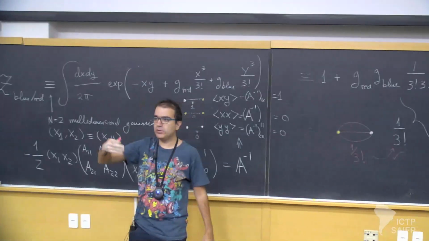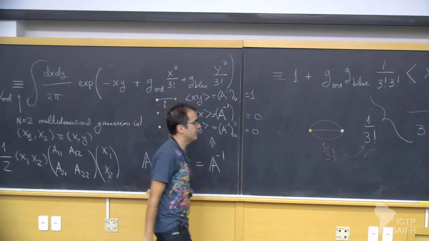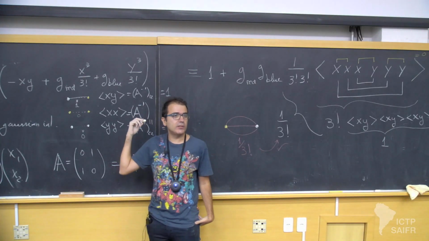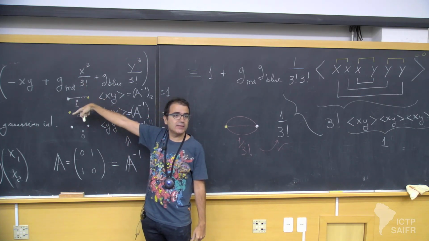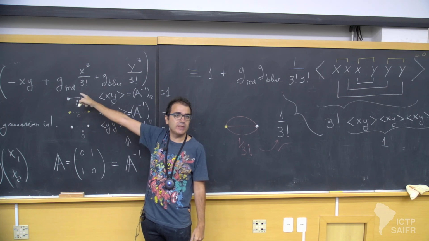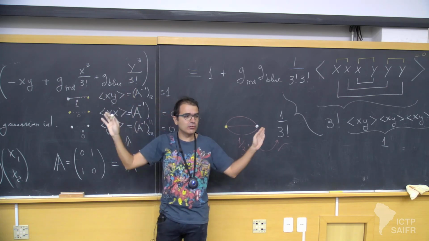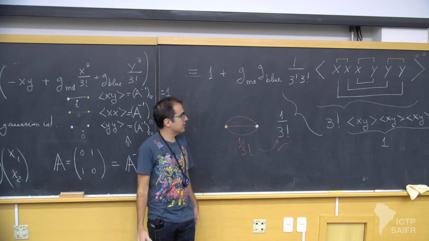It's just a permutation of the 3 lines, but no factor for indistinguishability. Why did it work before and not now? Because before, it was the same vertex brought down twice, so there was a 1 over 2 factorial from expanding that exponential. But now it's once this, so there is no 2 factorial coming down. So that's why technically it works.